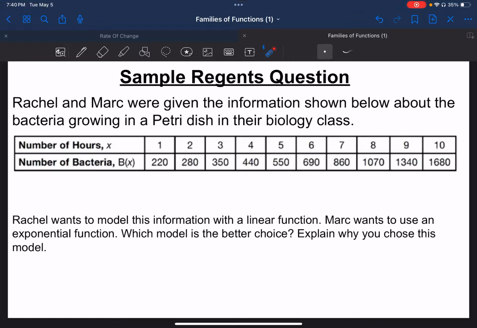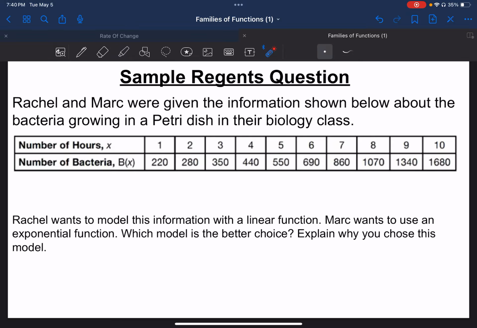So this time the table is horizontal, but it's okay because we still know that the top row is X and the bottom row is the output, B of X, or otherwise known as the Y. Okay, so now it says Rachel wants to model this information with a linear. So Rachel believes that this is a linear.